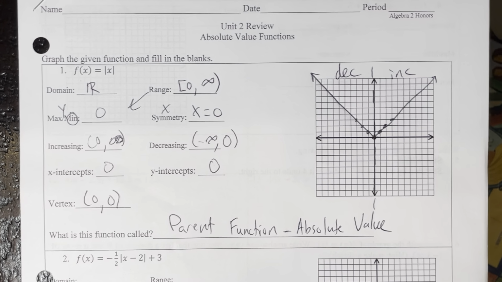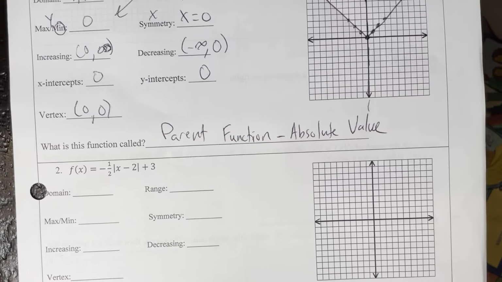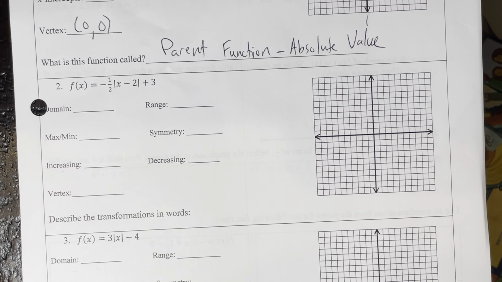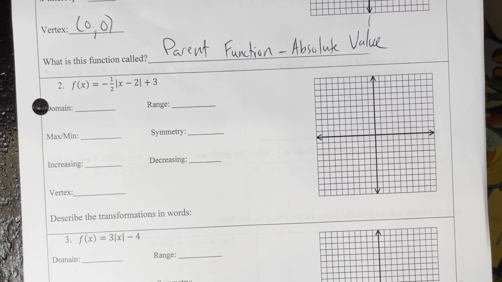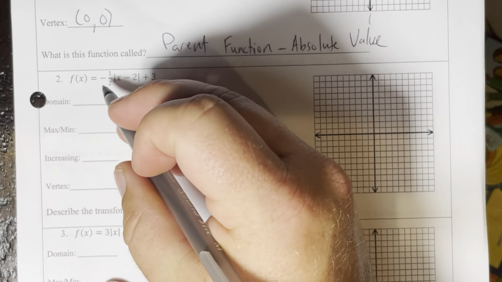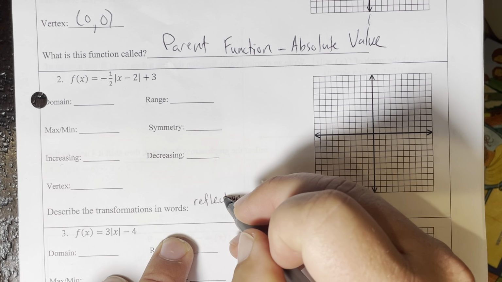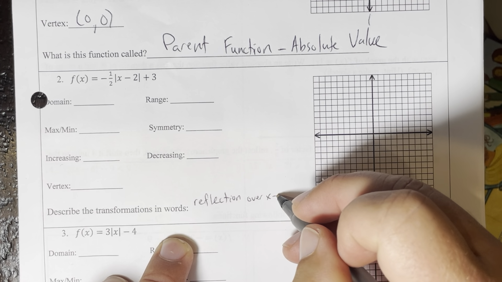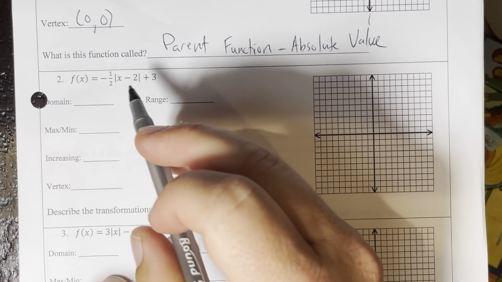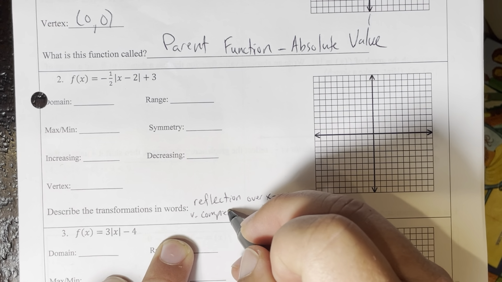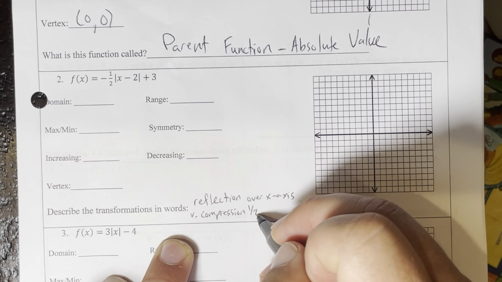All right, number 2. We'll start off by listing our transformations so we know where our starting point is. And so on this one, our transformations, we're going to have a reflection over the x-axis. And then we've got a vertical compression by 1/2.